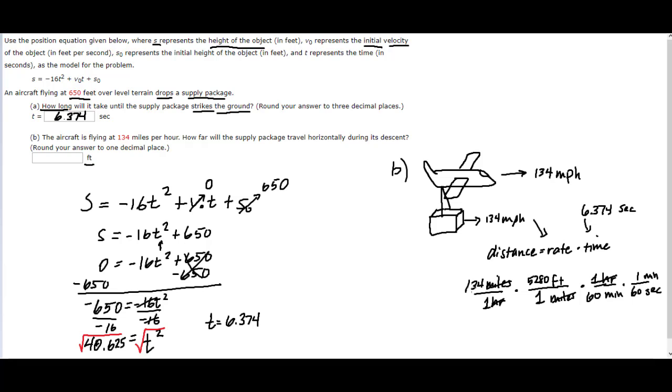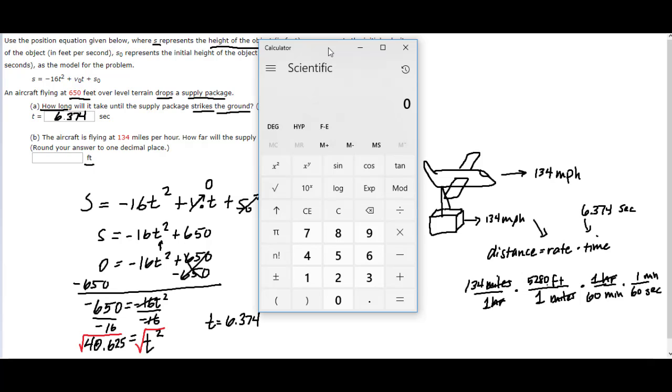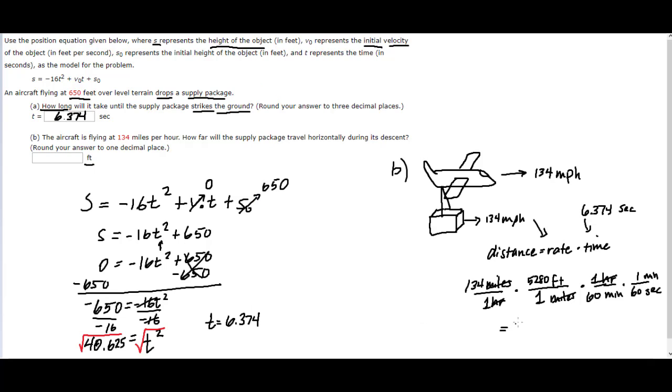So if we take 134 times 5,280 divided by 60, this is all just to convert miles per hour to feet per second. So 134 times 5,280 divided by 60 divided by 60. So this plane is traveling 196.53 feet per second. All right, that's my rate.